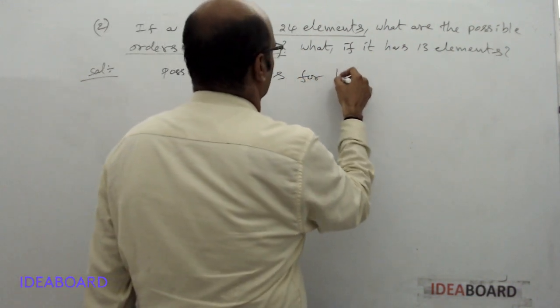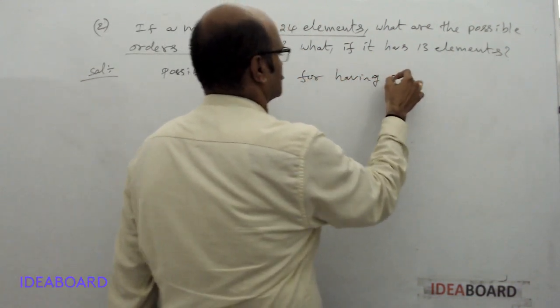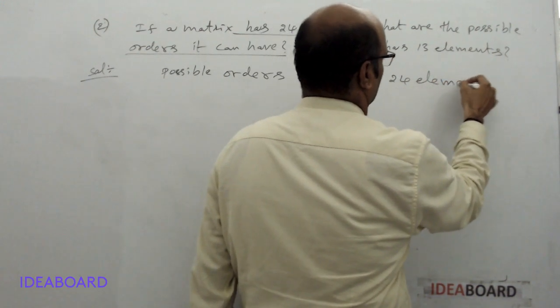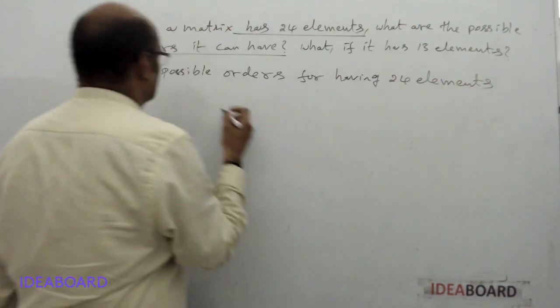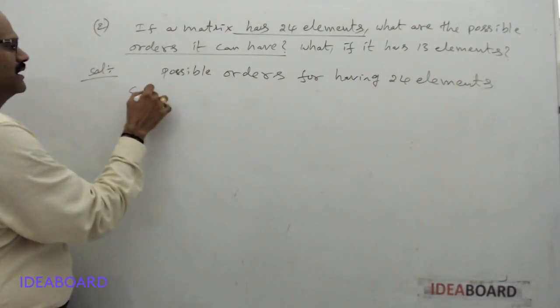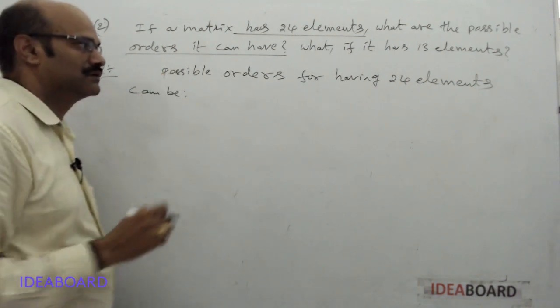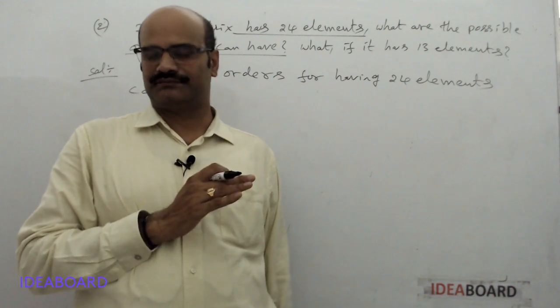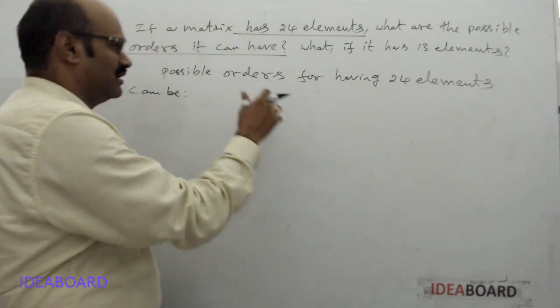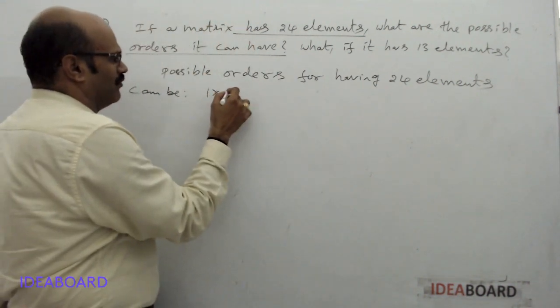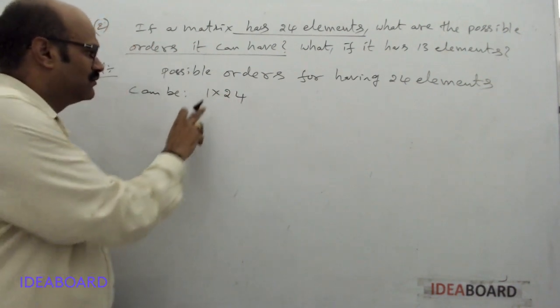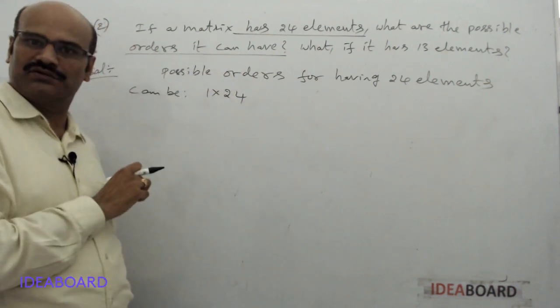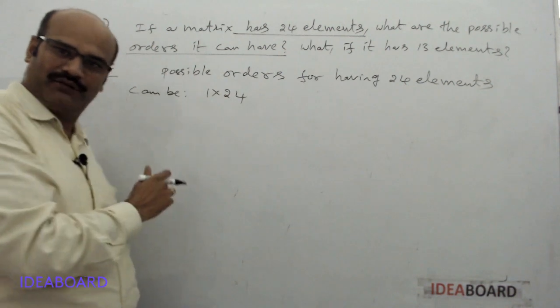Whenever we have 24 elements, the order can be 1 by 24. 1 into 24 equal to 24. So we can take 1 by 24.